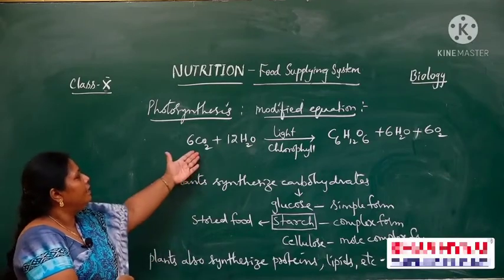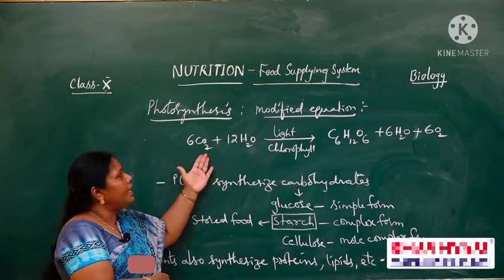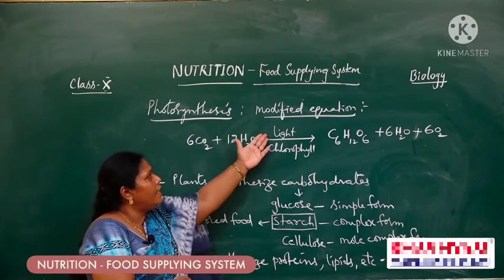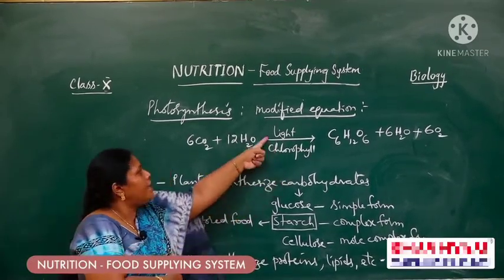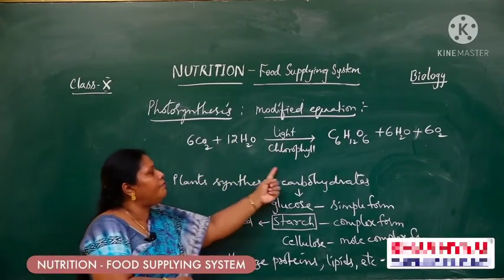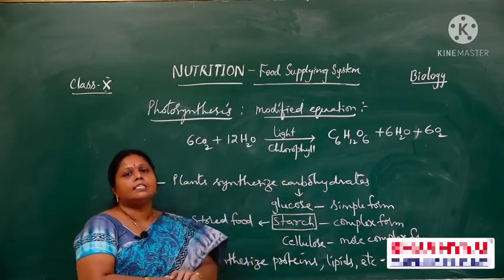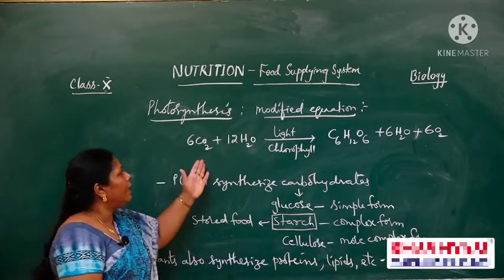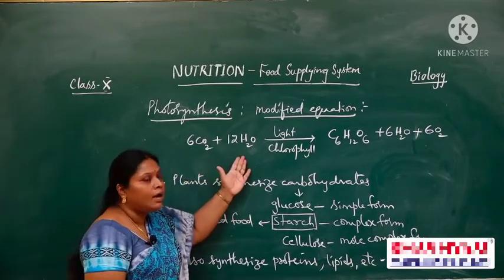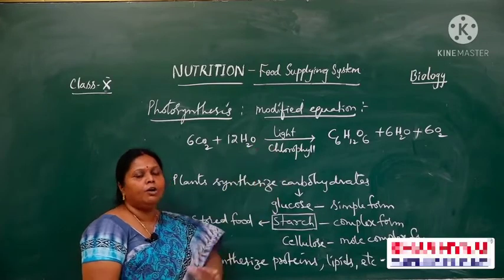Look at this: CO2, carbon dioxide, water, sunlight or light, and chlorophyll. So, the materials required for photosynthesis are carbon dioxide, water, light and chlorophyll.